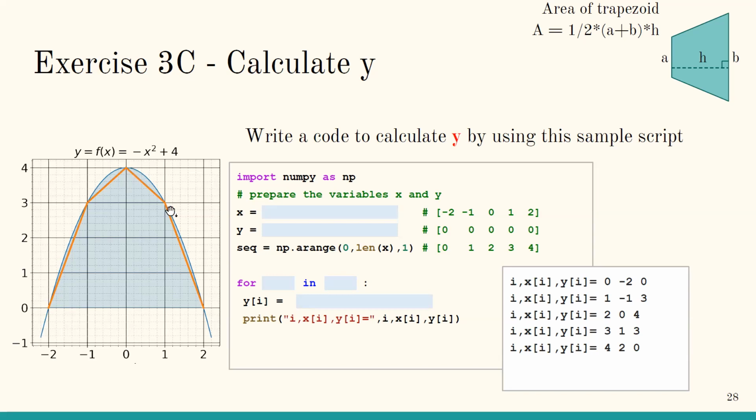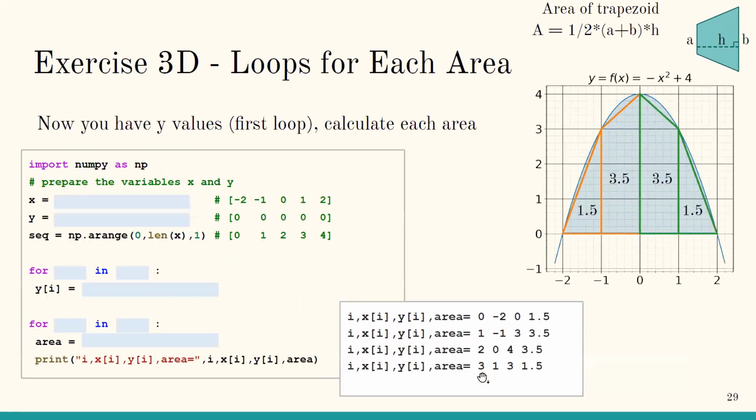So even if you're doing this in a discrete way, these are discrete, right? You just have 5 values coming from the curve. You are still looking at the original equation, okay? I think you are still okay with this. So we are doing 2 for loops here. Why? So for the first for loop, you are calculating the values of y first. And then for the second for loop, you are calculating the area.